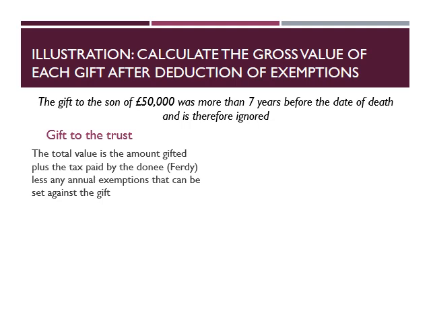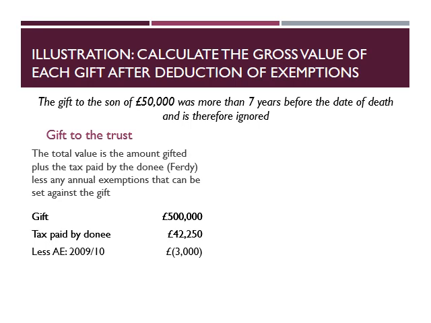But of course we can deduct any annual exemptions or other types of exemptions that could be set against the value of that gift. So we have the gift of 500,000. We'll add on the tax that's paid by the donor, by Ferdy. Please note, if the tax was paid by the recipient of that gift, we wouldn't include the tax value. But as it was, then we'll include it.